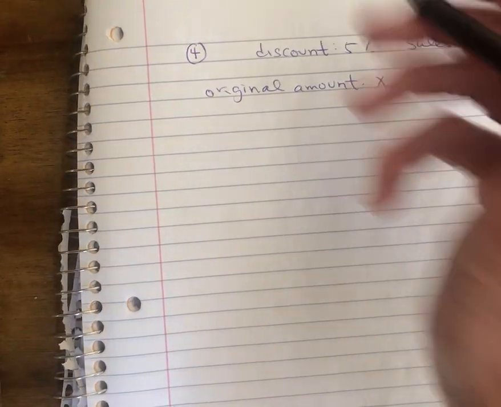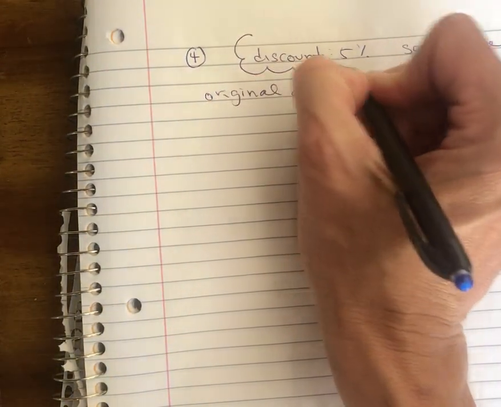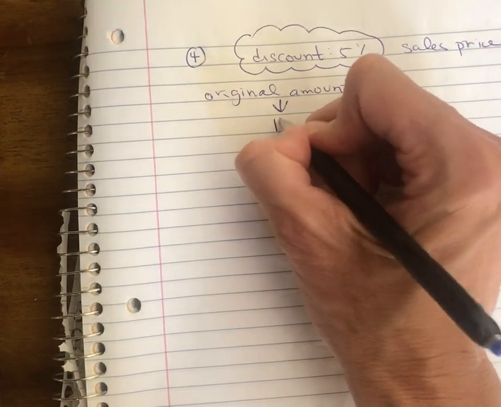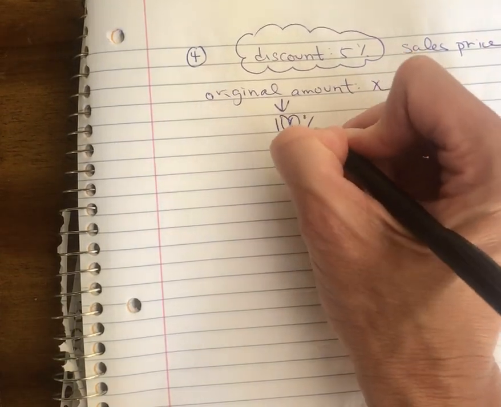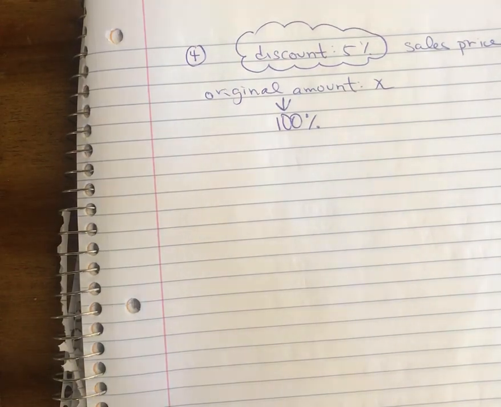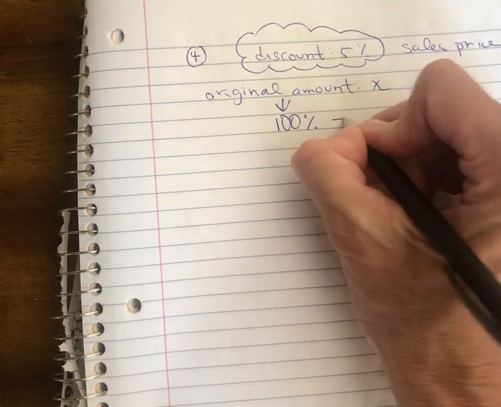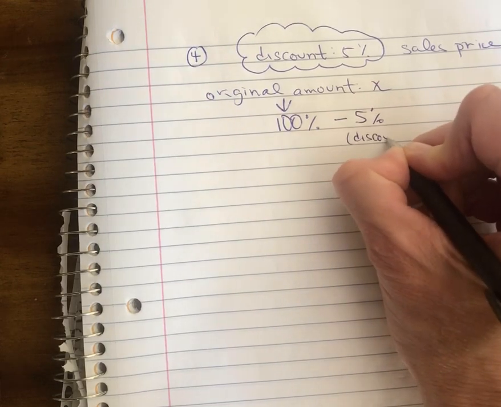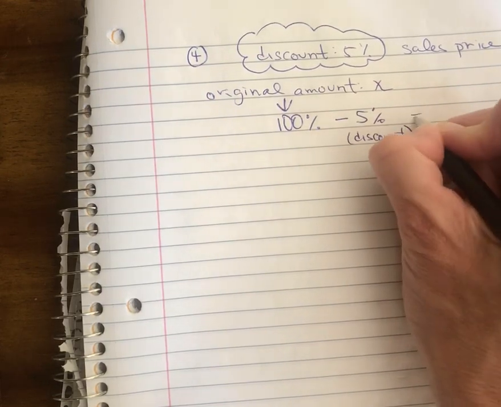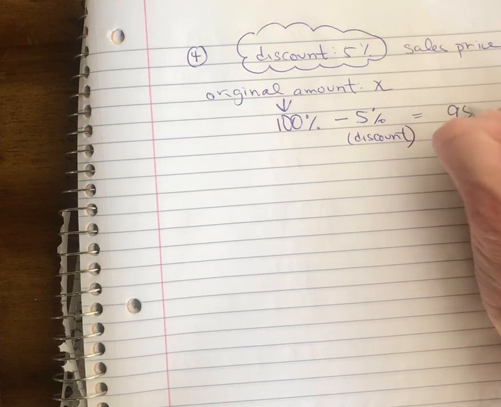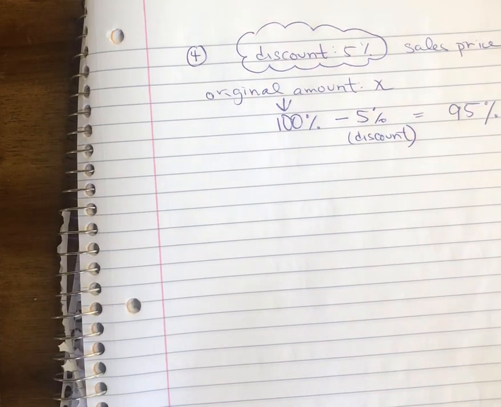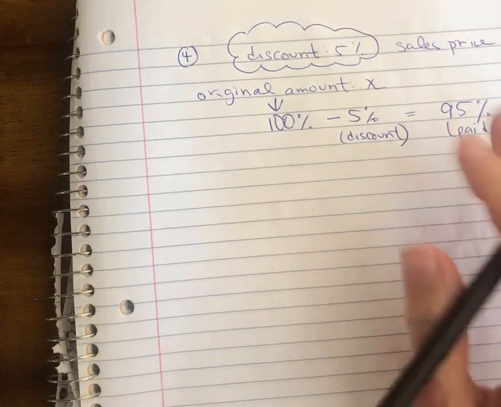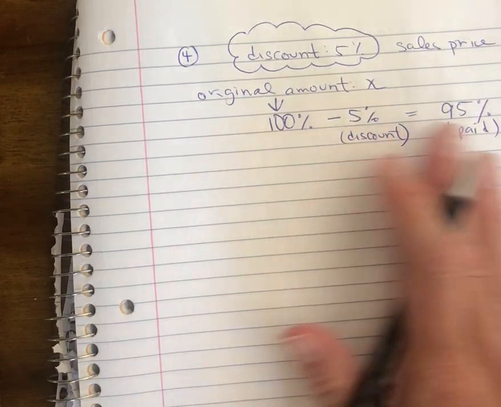So let's talk about this right here, okay? So the original amount, if we were to pay the original amount, we would be paying 100% of the price. But it's discounted 5%. So this is our discount, which means since we're saving 5%, we're actually only paying 95% of the original price, okay, not 100%.